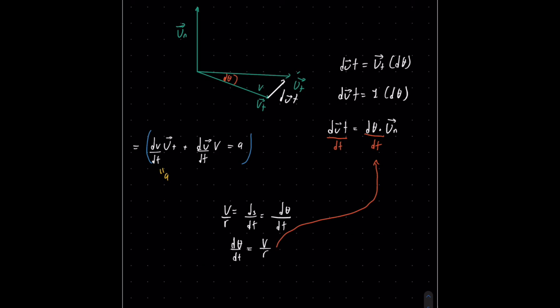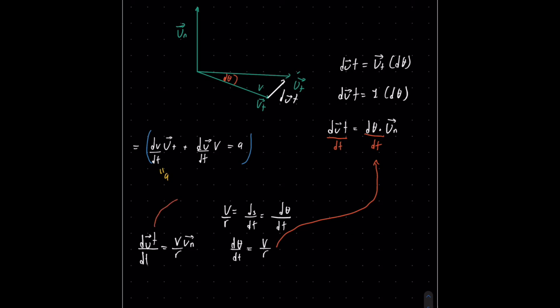And so we are going to be left with the displacement of the unit vector is equal to the velocity over the radius in the normal direction of the unit vector here.